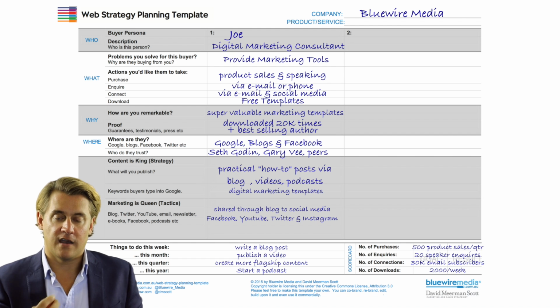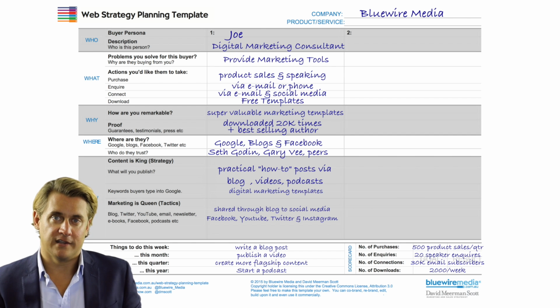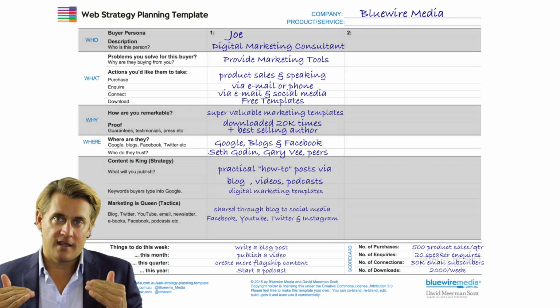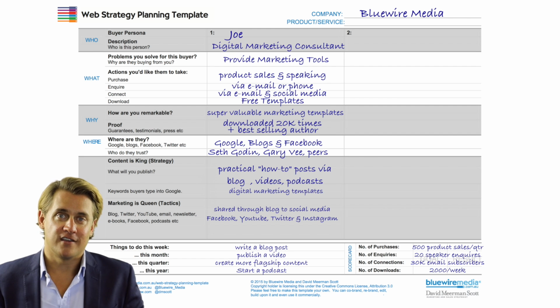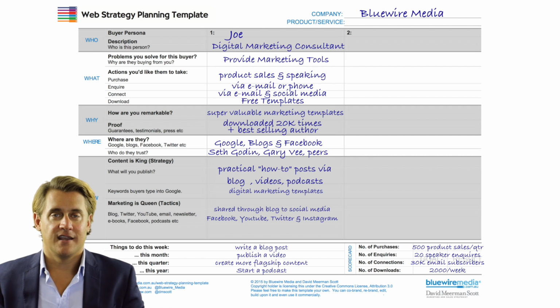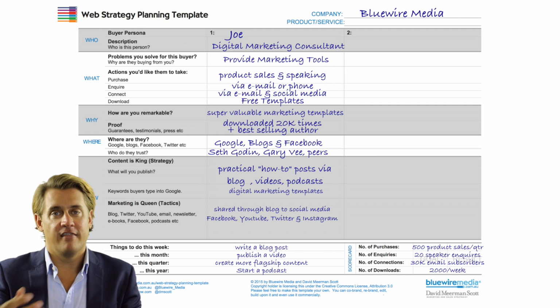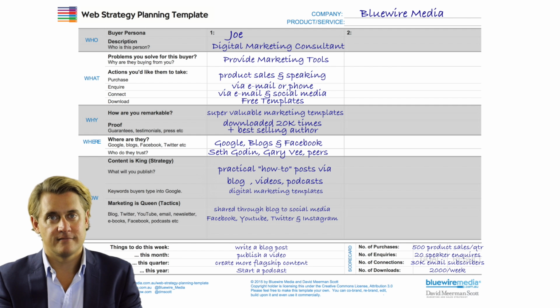The size of your email subscriber list, an active email subscriber list, is the one that I focus on, and I encourage you to do the same. And of course, the number of downloads that you get of your flagship content is very important as well, because the people that download something then join your email list.